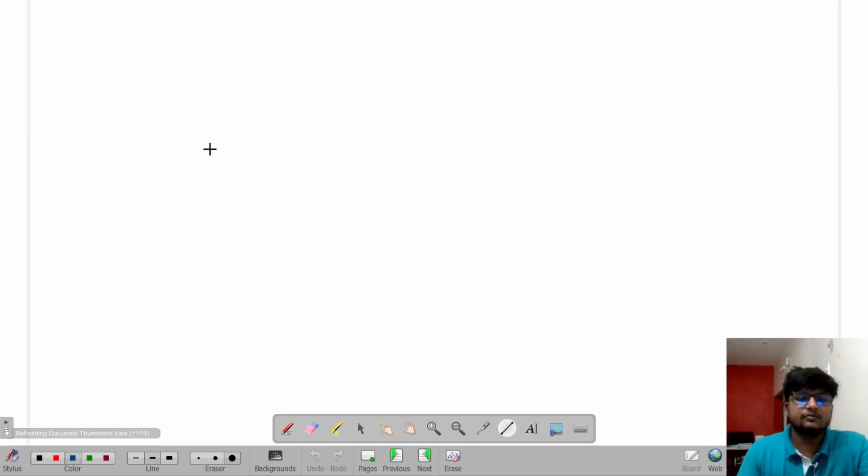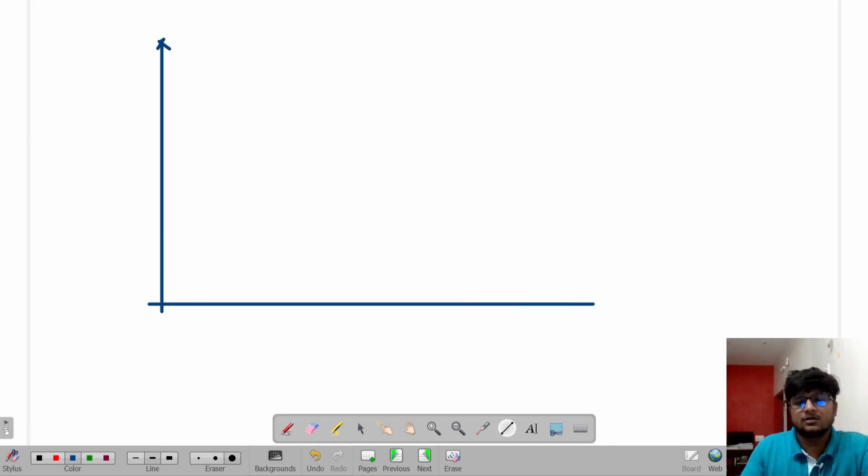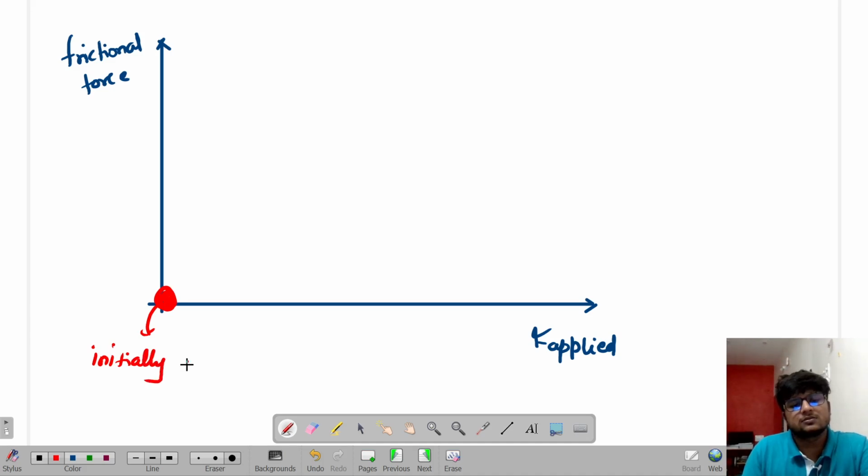So this is why when we try to draw the graph of friction versus the force which I am applying, assume that some body is initially at rest at the origin. As you slowly increase the applied F, first of all the friction will increase.